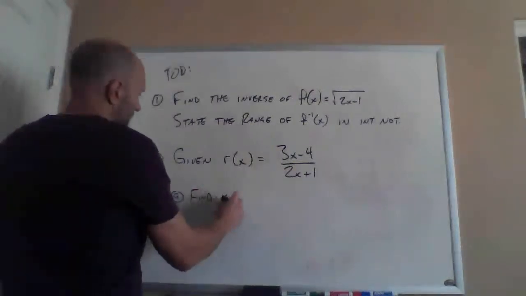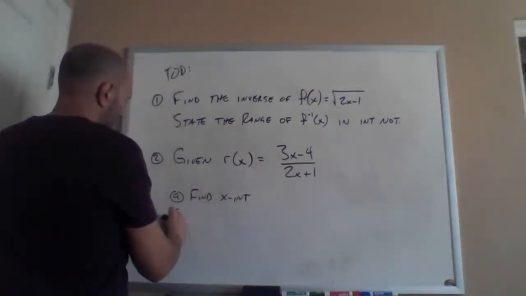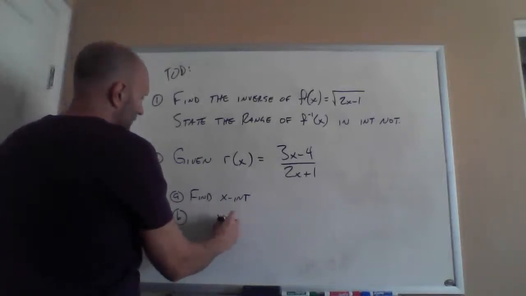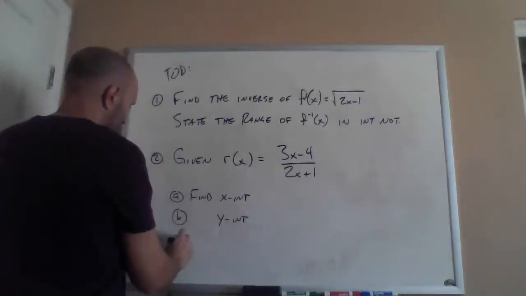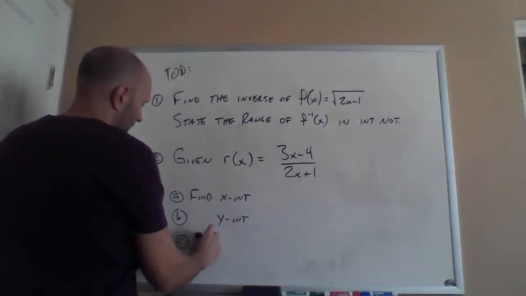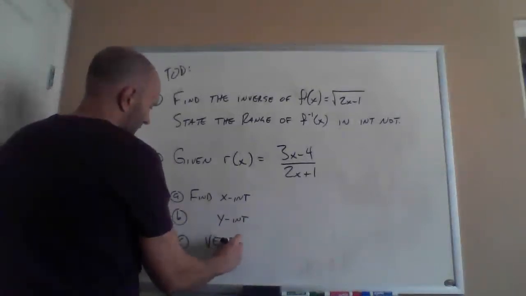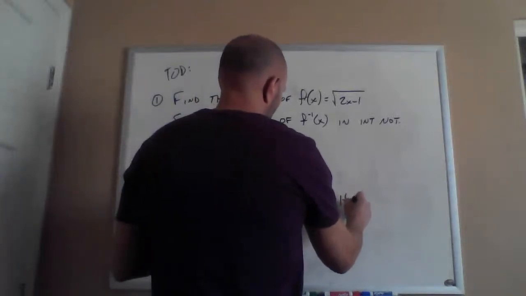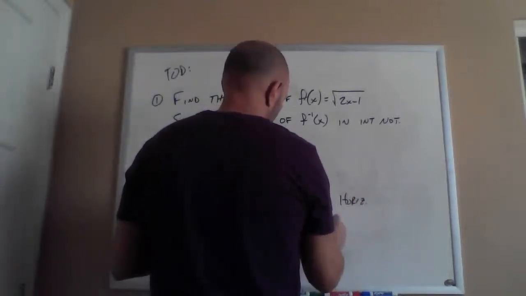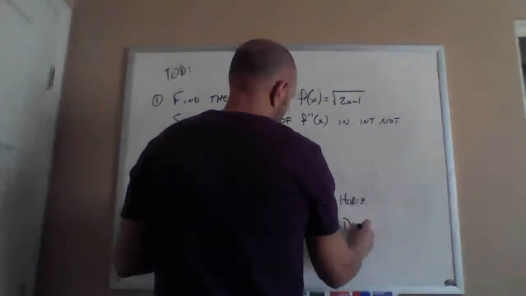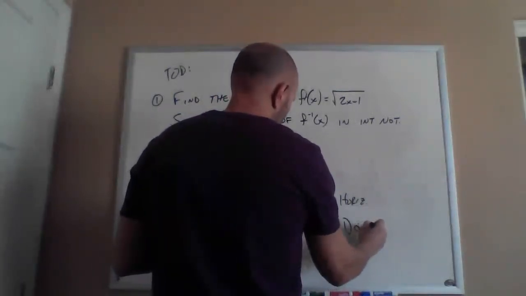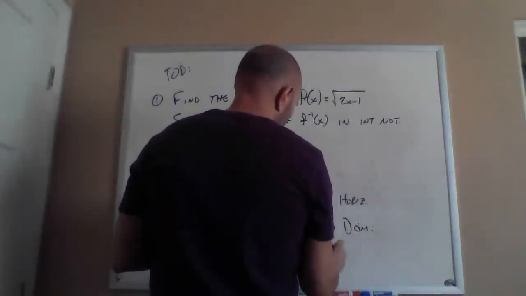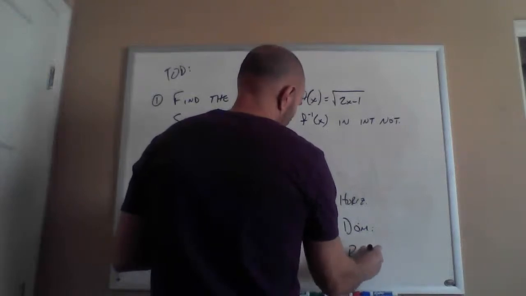Find the x-intercept, find the y-intercept, find the vertical asymptote, find the horizontal asymptote, tell me the domain, and tell me the range.